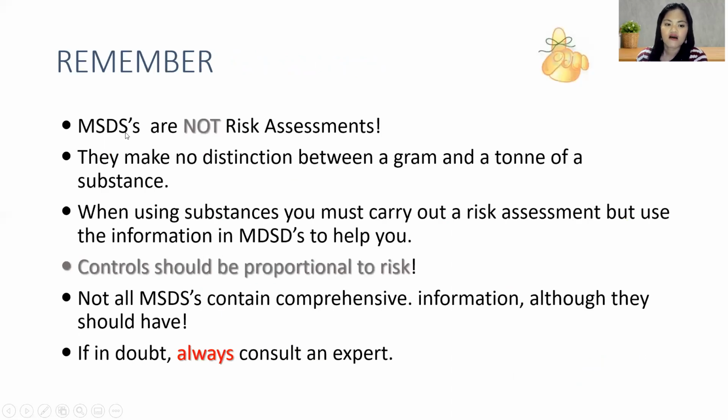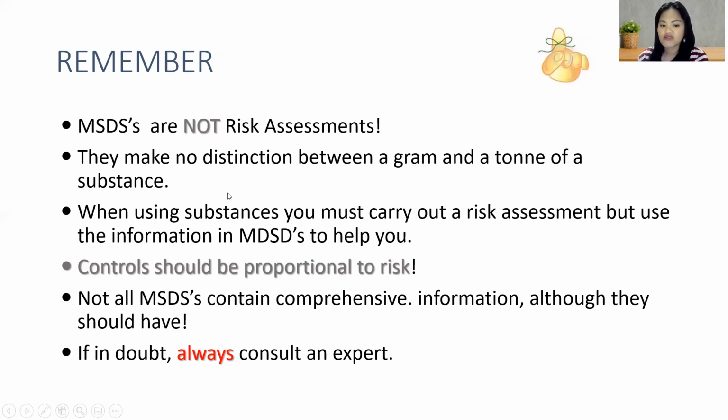In summary, remember that MSDS are not risk assessments. It really just gives you information about the product, the identification of the product, the chemical structure, its physical and chemical properties, and also gives you warnings about how to handle it properly. It also gives you toxicological information, hazard information, and others.